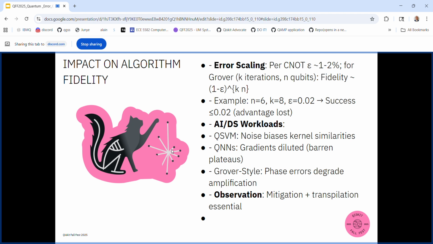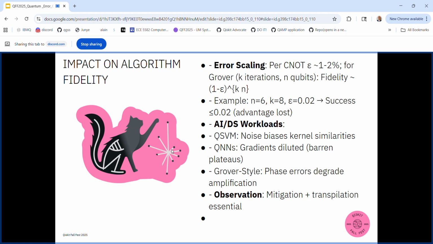Error scaling. 1 to 2% error per 2-qubit gate is significant, and you have to correct for that in all but the smallest quantum circuits. In this example, if I have 6 qubits and I have 8 2-qubit gates, my success drops to almost nothing.